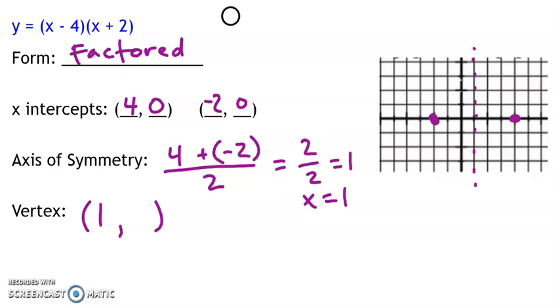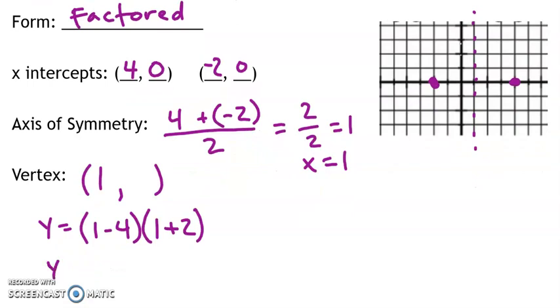And anytime we have an x or a y value, we can plug that into our equation to find the other half of our ordered pair. So if we know that x equals 1, substitute that into our equation. We get y equals negative 3 times positive 3.